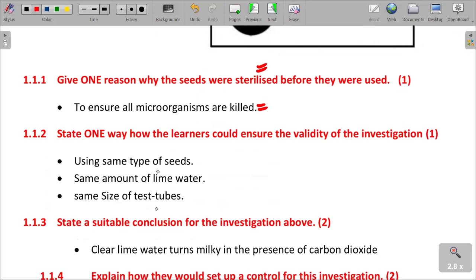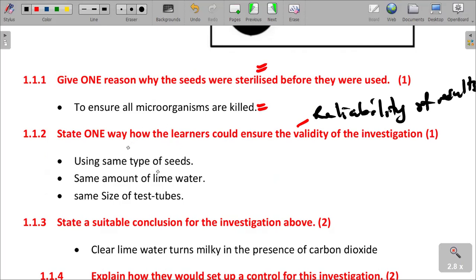State one way how the learners could ensure the validity of the investigation. We are talking about how the learners can ensure reliability of the results. How can it be improved?